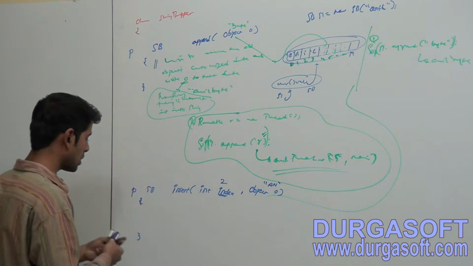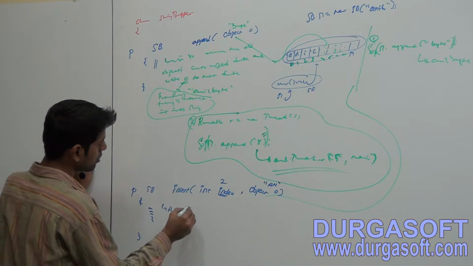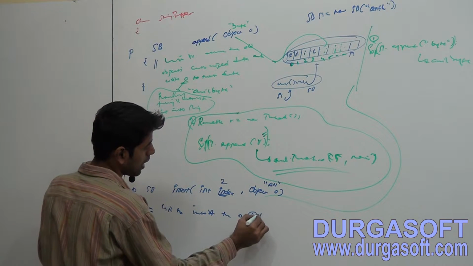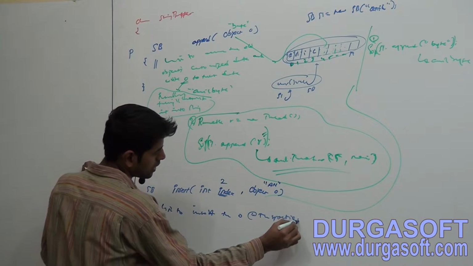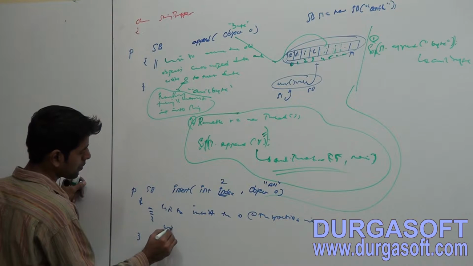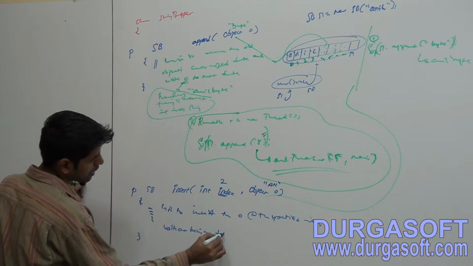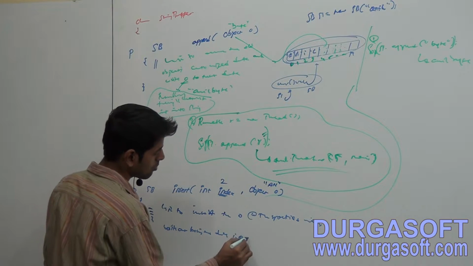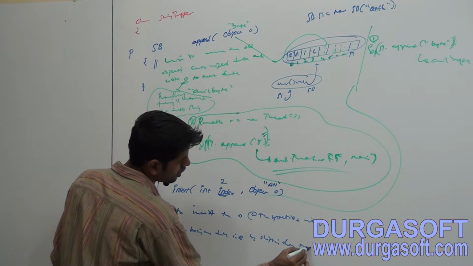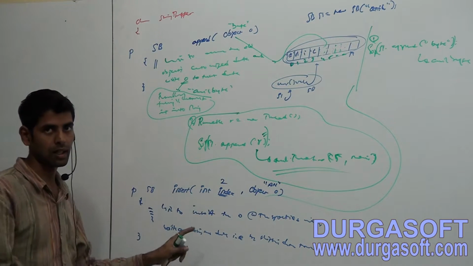Now what's the logic here? Logic to insert the O at the specified index without losing the data, that is, by shifting the data towards the right.